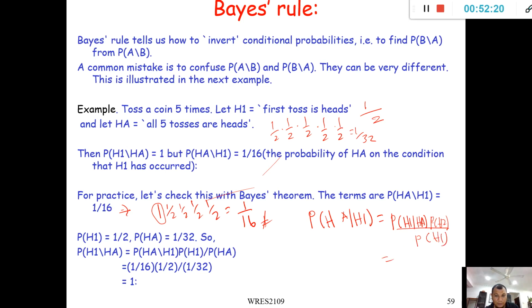You know P(H1 given HA) is 1, P(HA) is 1 over 32, and P(H1) is 1 over 2. So you have 1 over 16.